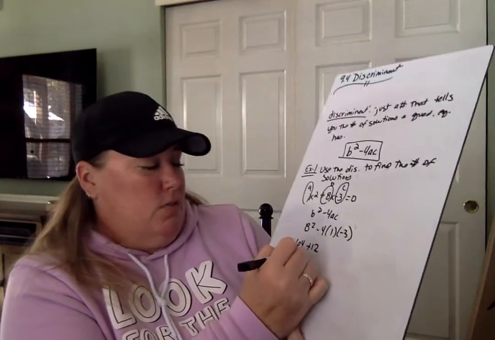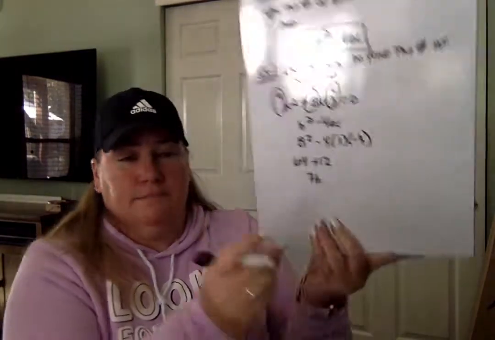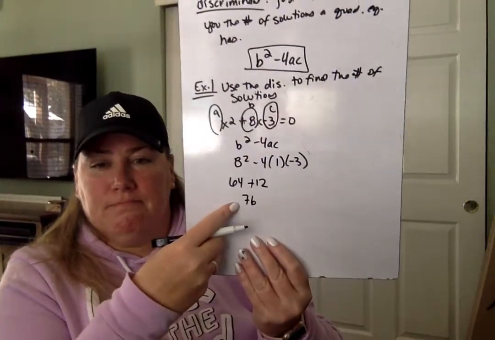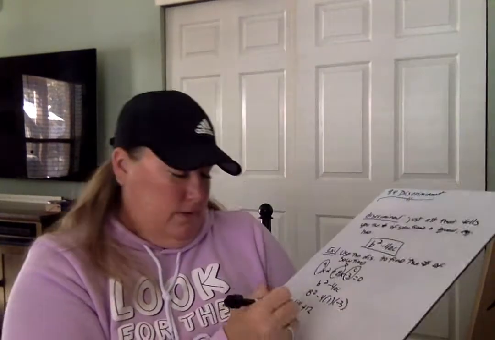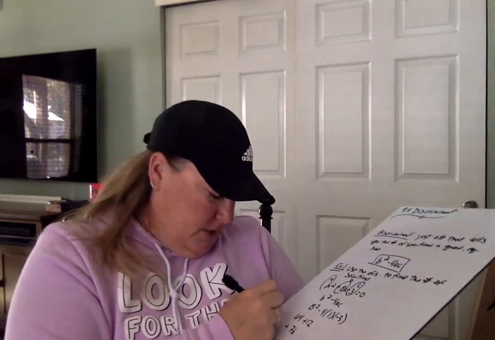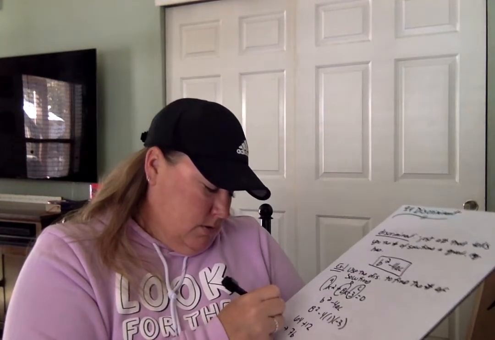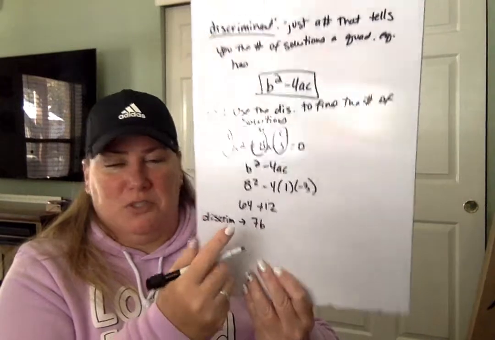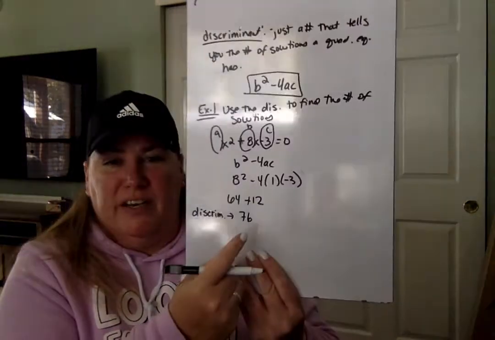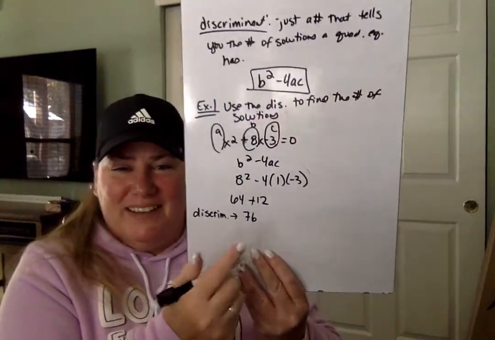And 64 plus 12 is 76. That's not the answer. This right here is your discriminant. I ran out of room, so I just wrote discrim.